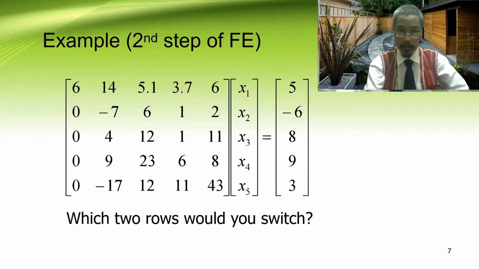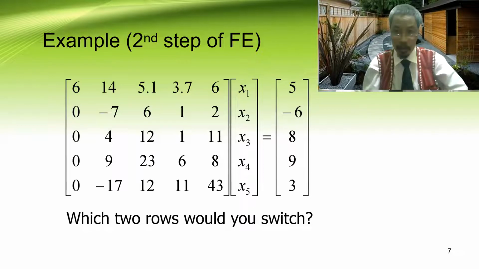Looking at this, we need to have a way, a procedure, a rule, so that every time we encounter such a possibility of falling into the pitfalls, we are going to be able to avoid it.